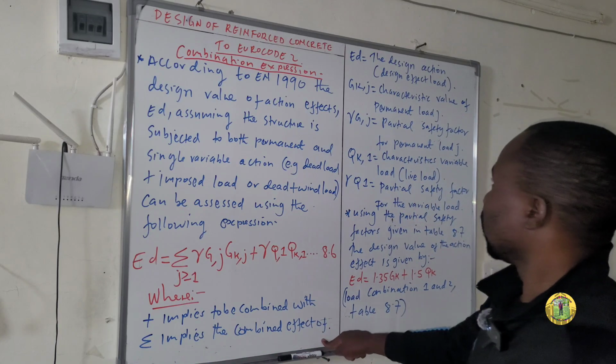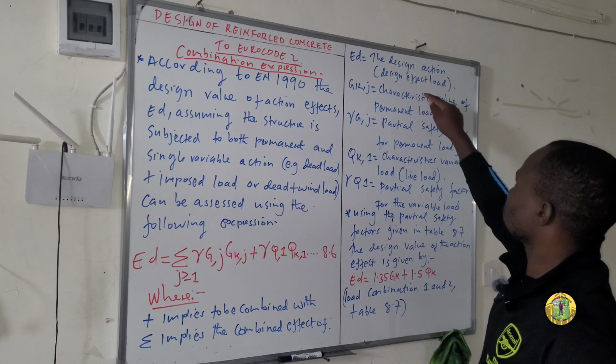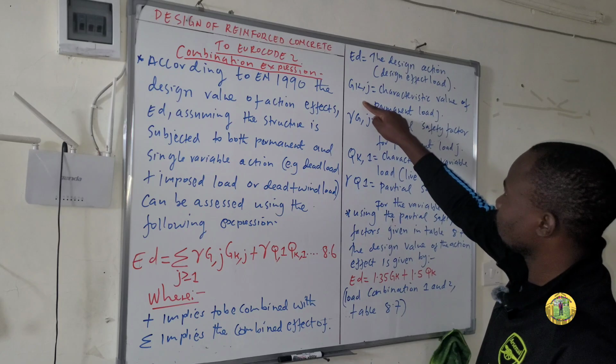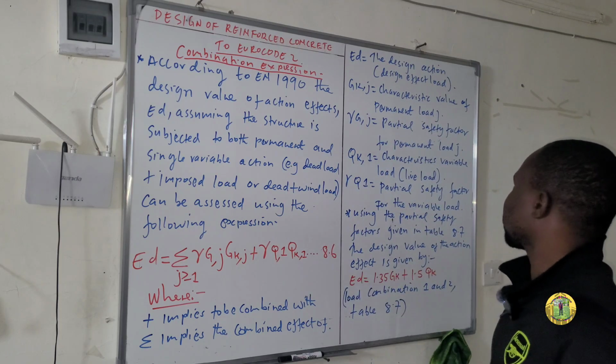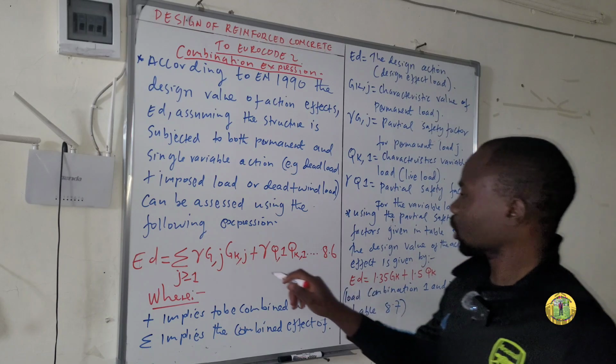the combined effect. Then Ed is the design action or the design effect load. Then you have Gkj, which is the characteristic value of permanent load j.